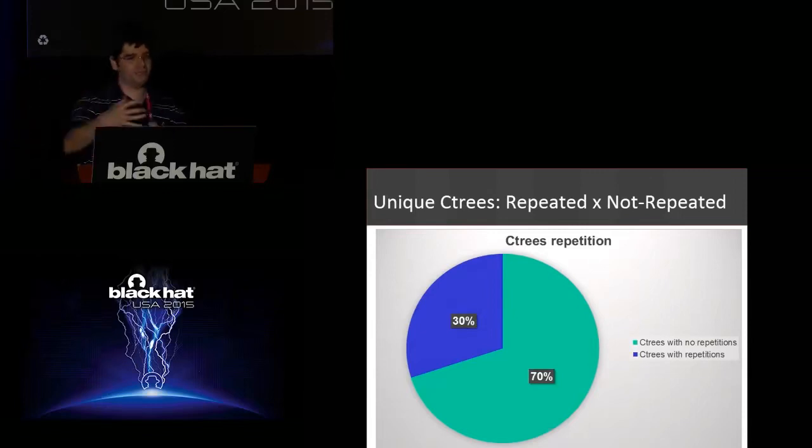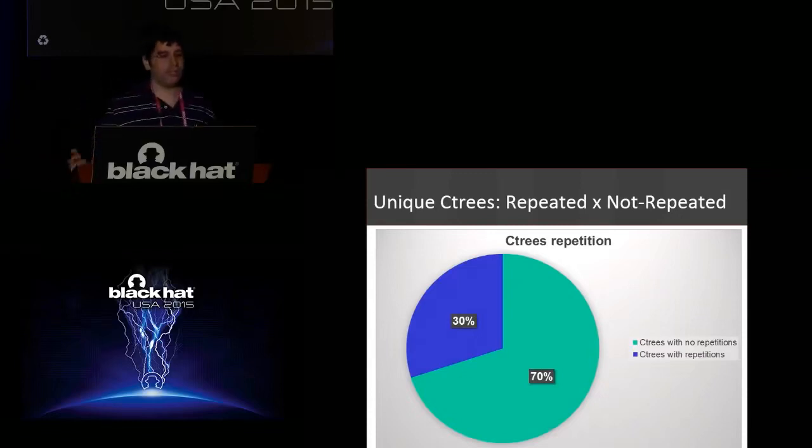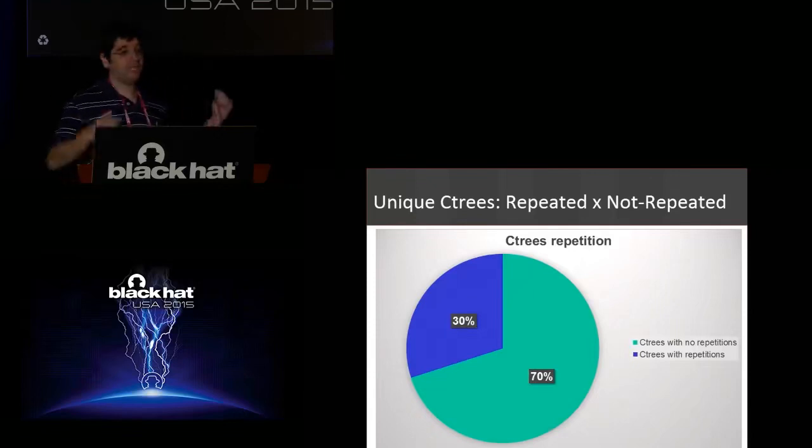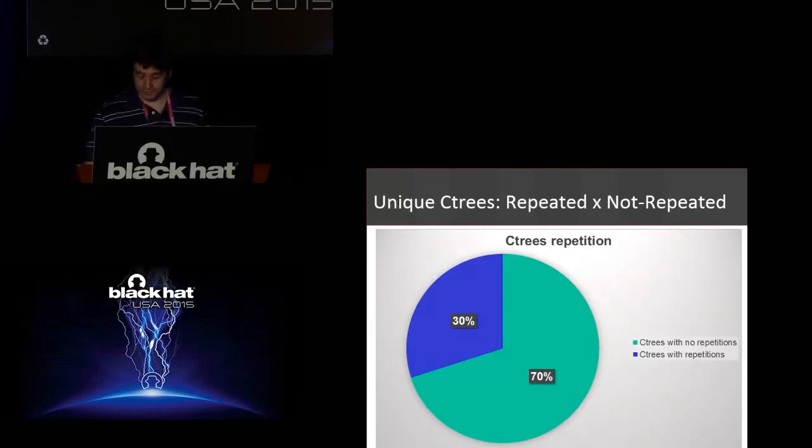We are just going to do the correct operation. So we noticed that 30% of the unique C-trees got at least 1 repetition, and the big majority had no repetitions, right? Again, these numbers are completely tied with the methodology and the thresholds we established, and they should have been presented in the previous section.